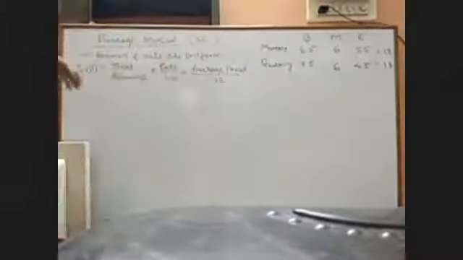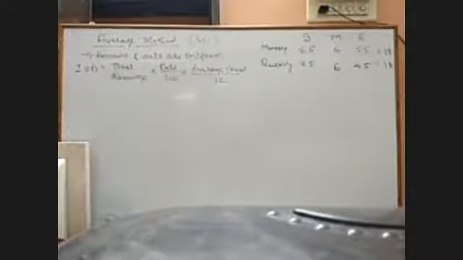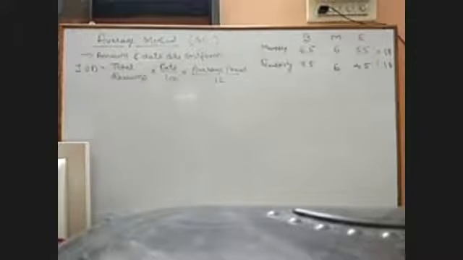Now, first you write this formula, that is, interest on drawings is equal to total drawings into rate divided by 100 into average period divided by 12.